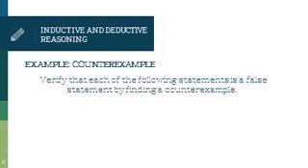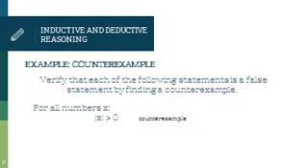Okay, example ng counterexample. Verify that each of the following statements is a false statement by finding a counterexample. Okay, for all x, x is greater than 0. That is a counterexample if x is equal to 0.